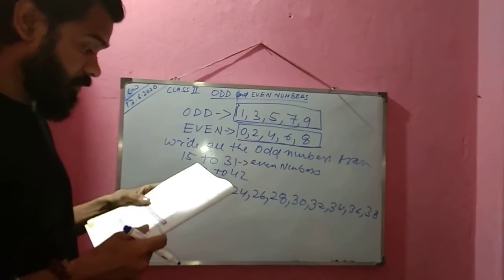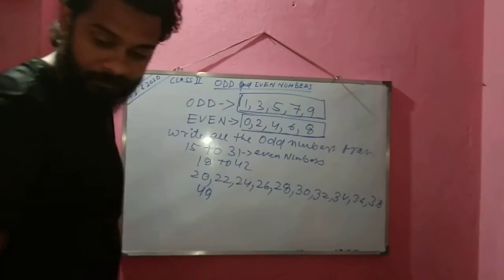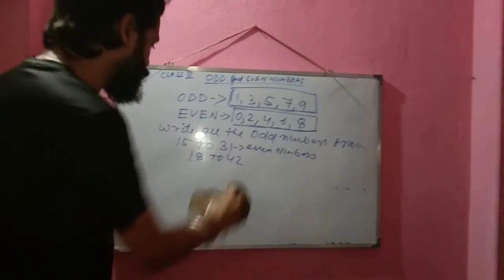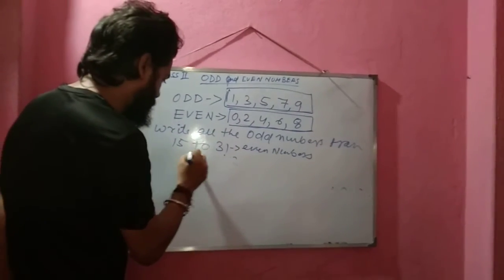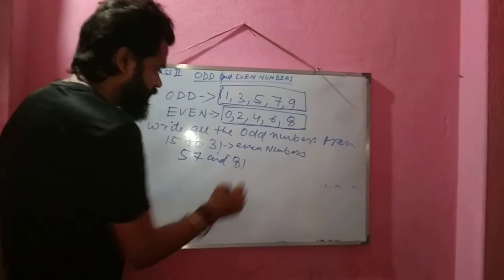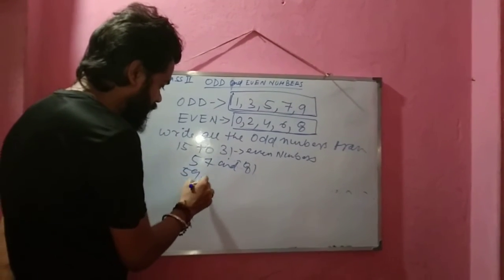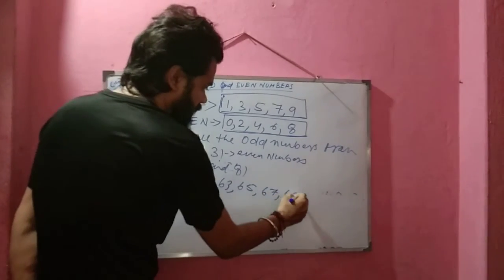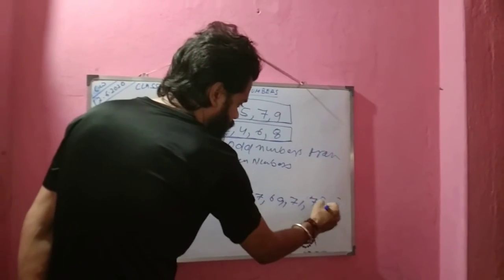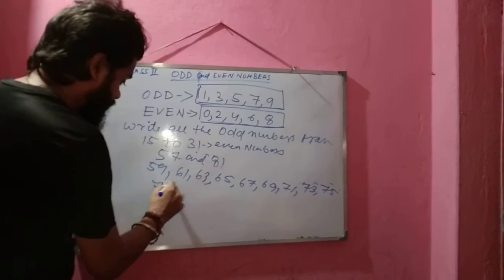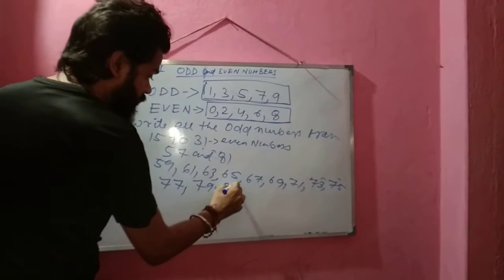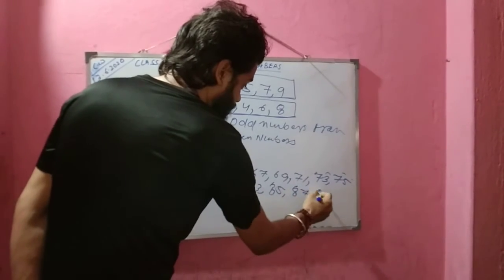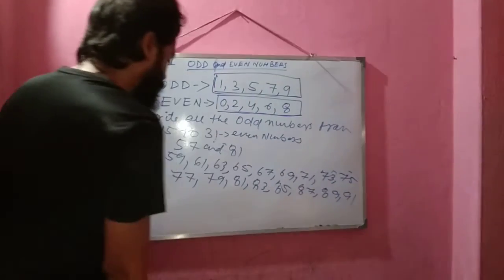Now, odd numbers between 57 and 81. 57 is already there. So 59, 61, 63, 65, 67, 69, 71, 73, 75, 77, 79, 81, 83, 85, 87, 89, 91.